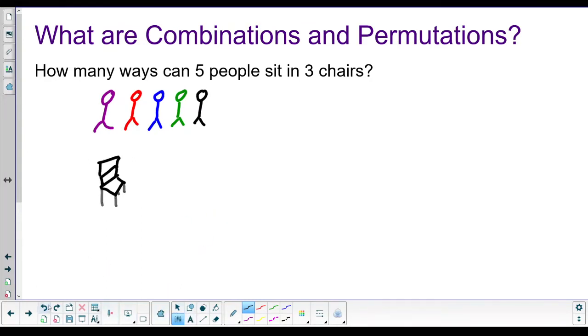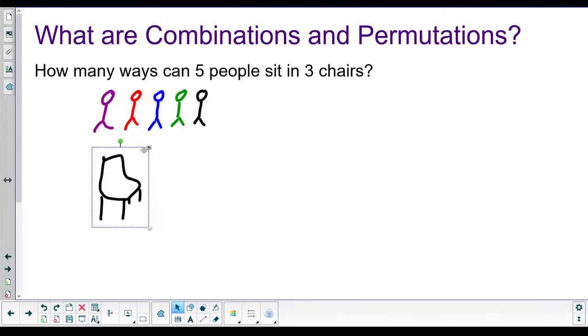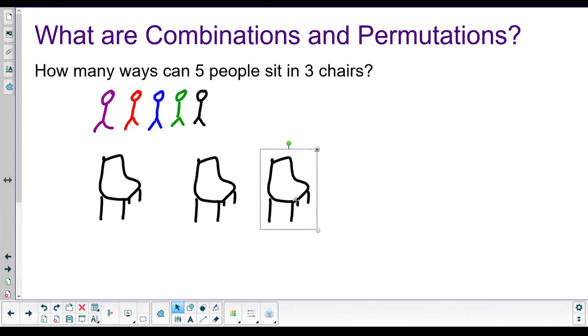Let's try that one more time. What do chairs look like? I need a chair to look at. Is that a chair? I'm a little happier with that one. Okay, sweet. And it's even one chair. How tight is that? All right. Copy, paste, paste. Okay, we've got 3 chairs.